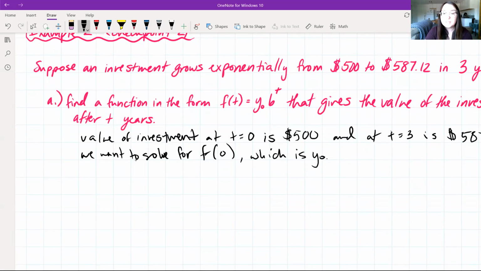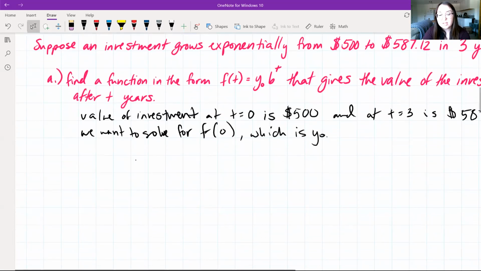All right, so all we have to do to solve for y naught is we just plug in 0 for t and see what we end up getting. So we're going to do f of 0 is equal to 500, since we know that when time equals 0 we have 500.